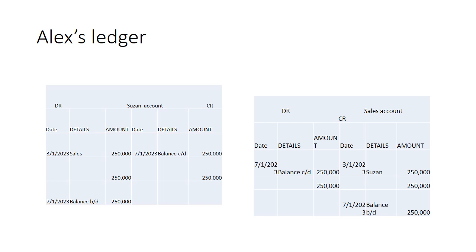The corresponding sales account: we made a sale on credit to Susanna, which is written on the credit side, and its balance remains the same, 250,000.